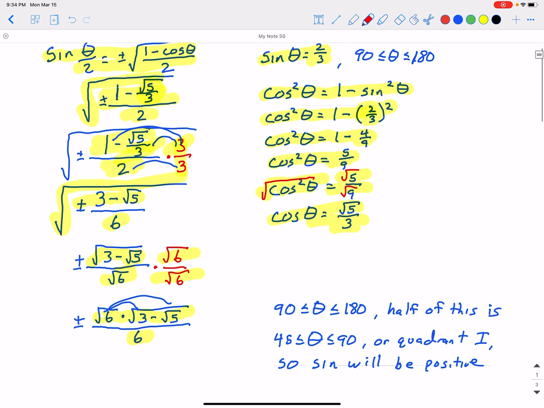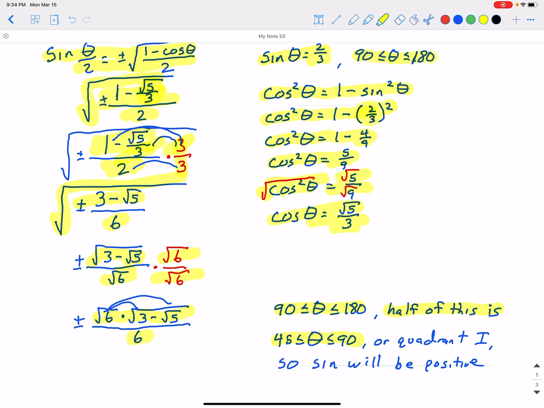So in the original problem, it says that we are dealing with theta between 90 and 180. So if theta is between 90 and 180 and we're doing a half angle theorem, half of 90 is 45, half of 180 is 90.